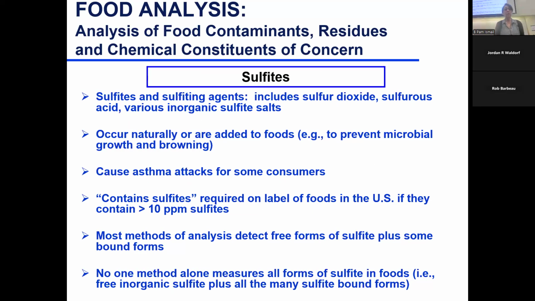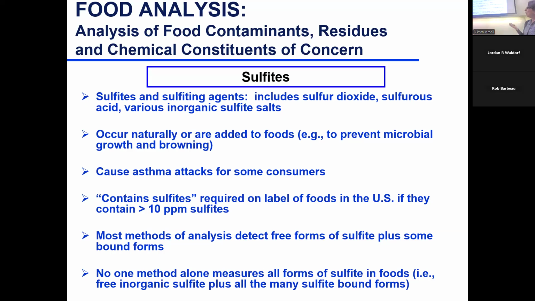So I'll start with sulfites. So these are used as antimicrobial agents. Sometimes they are naturally present. So they are present in wine, for example, or we can add them sometimes for dried food products to prevent browning and microbial growth.